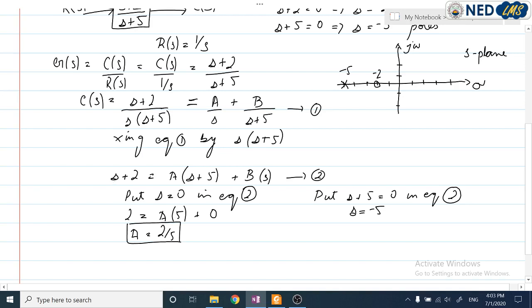So we have to put over here minus 5 plus 2, and this term will become 0, and here also B will be multiplied by minus 5. Here minus 3, and this sign will be cancelled, and the value of B becomes 3 upon 5.